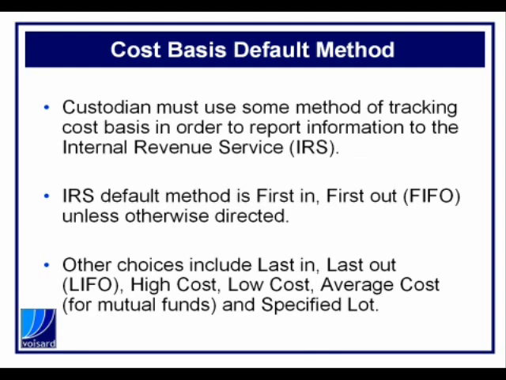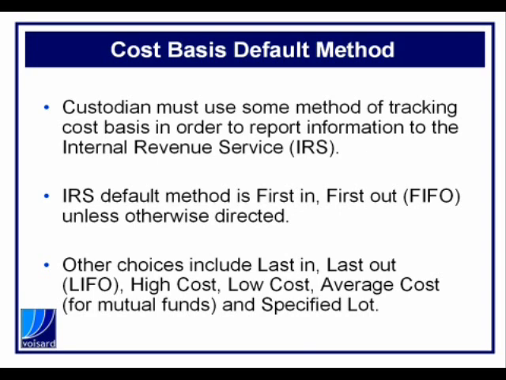Now, you can direct your custodian to calculate a different method, and that direction can be given by you, the client, or somebody working on your behalf, like an investment manager, or like, for instance, us. But if you don't tell them anything, they're going to do first in, first out, and in my opinion, that's ultimately detrimental to the taxpayer. I think it creates additional taxes, and you'll see why here in a few minutes.